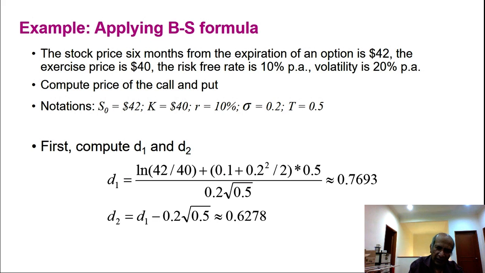Plus, here you have to compute this part first: 0.2 squared divided by 2 plus 0.1, then you times by 0.5 and add it to the natural log of 42 over 40. Then you divide it by 0.2 multiplied by the square root of 0.5. You should get 0.7693. Once you get that, this becomes easy.